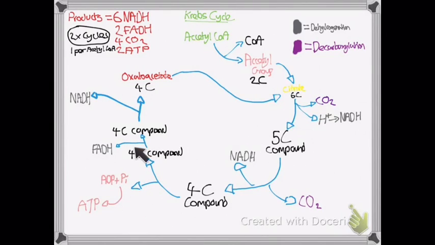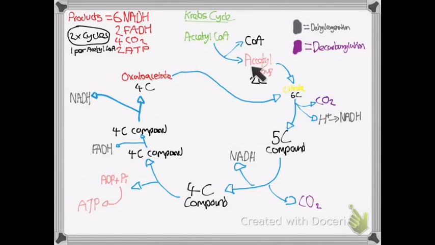Once again, this 4-carbon compound releases hydrogen, which is accepted by coenzyme FAD, which can only accept 1 hydrogen. It happens again. We remain as a 4-carbon compound and get dehydrogenated again, releasing more NADH, but finally producing the oxaloacetate 4-carbon compound, which remains in the cycle.